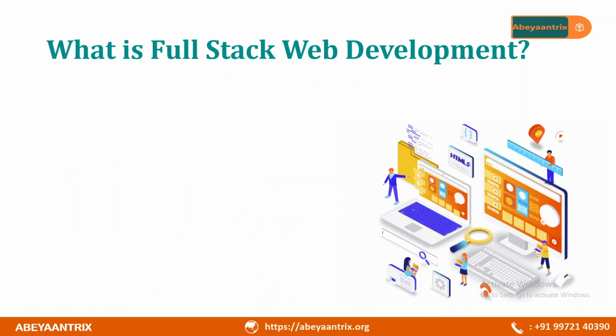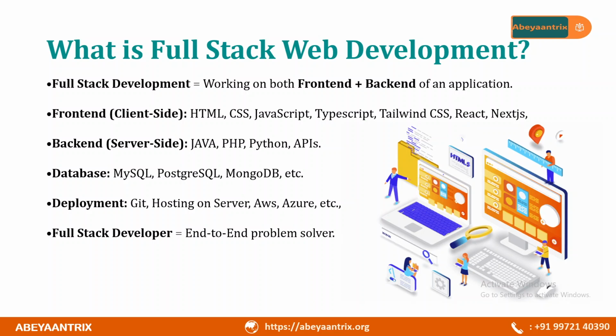So in this full stack development, front end and back end is there. On the client side, these are all the technologies: HTML, CSS, JavaScript, TypeScript, Tailwind CSS, React, and Next.js. For the backend, Java, Python, PHP, APIs, but here we are using Java, so we choose Java for backend.